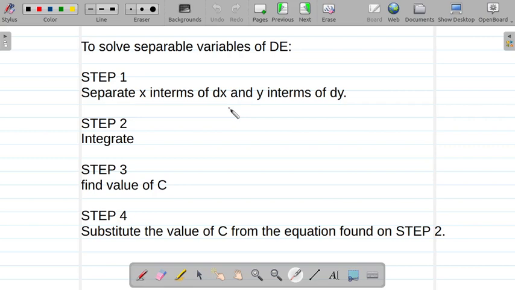Step 3 is find the value of c para makuha nato tong particular solution. If di makita ang value ni c, makaconclude ta nga general solution na lang na siya. Then step 4 is substitute the value of c from the equation found in step 2. So if na-integrate na nato tong equation, pwede na din nato i-substitute si c sa answer sa step 2.